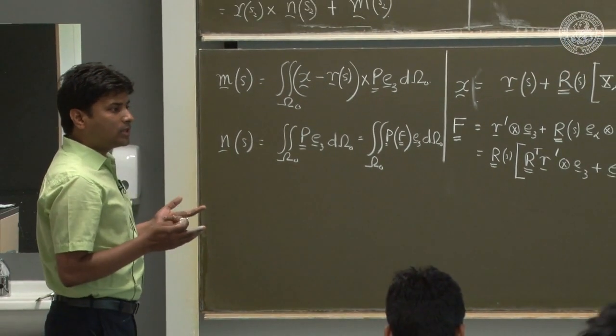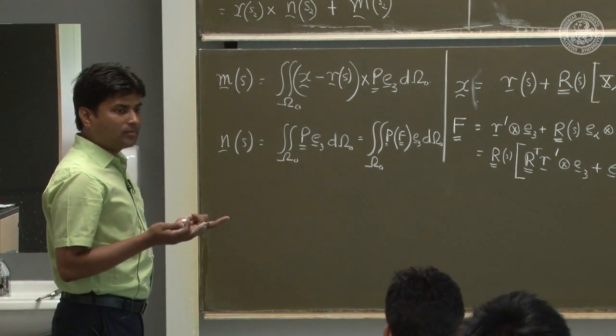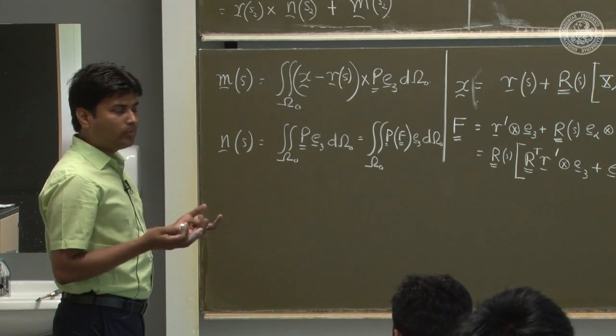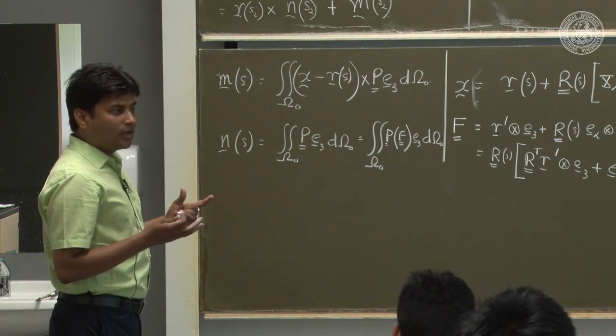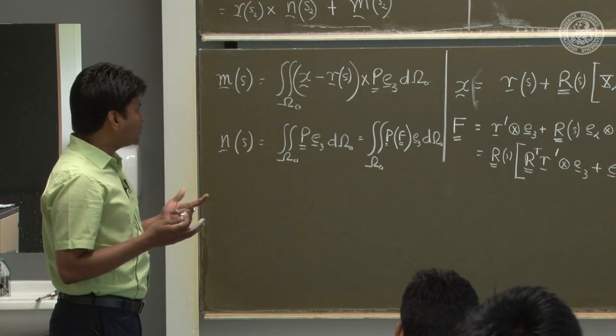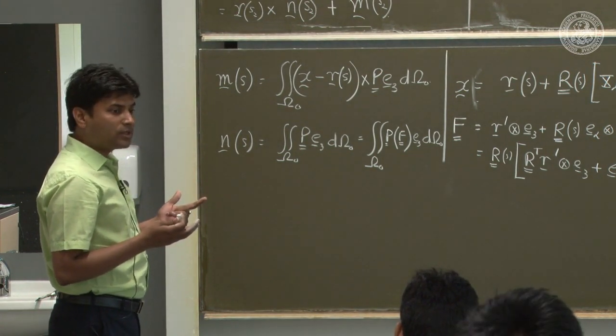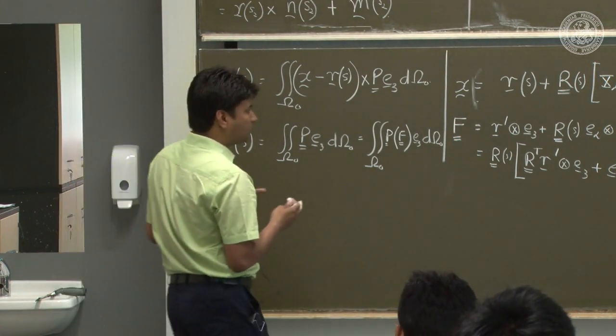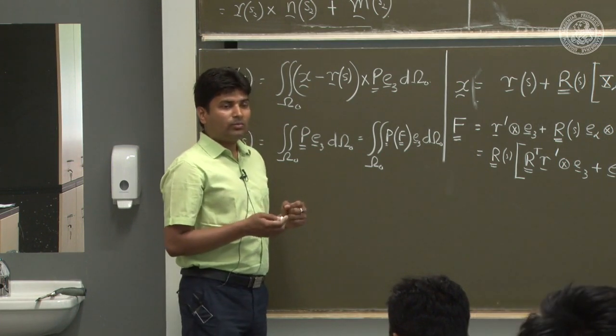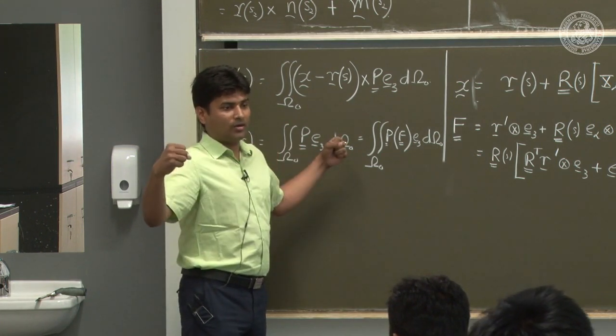But as I told you, constrained kinematics are not so good. It's going to make your system rigid, and as it turns out, it does not give the correct answer even in the simplest case of stretching of a bar.